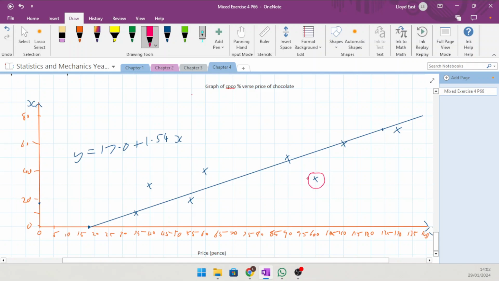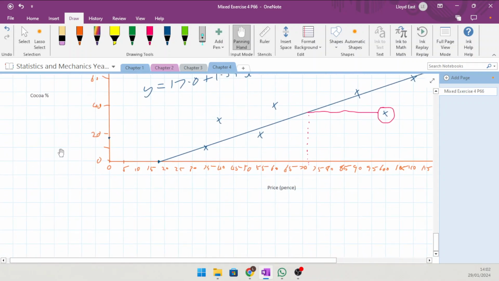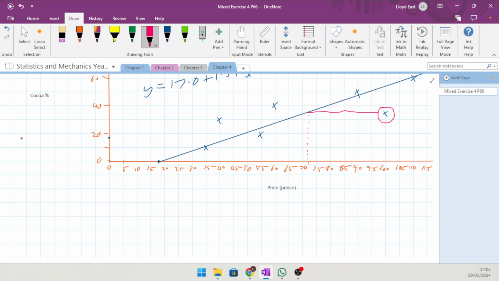Okay, and as such, with a cocoa percentage of 35, a fair price would be about 72 pence. Okay, so for part c, I would suggest that 72 pence is a fair price for it.